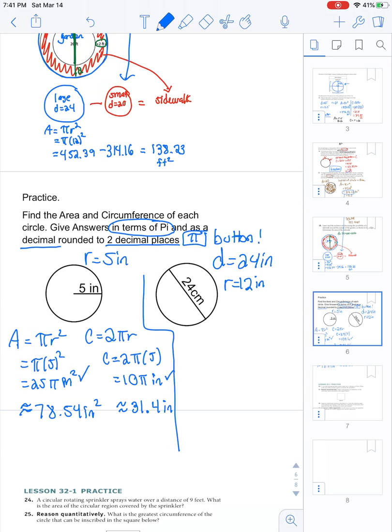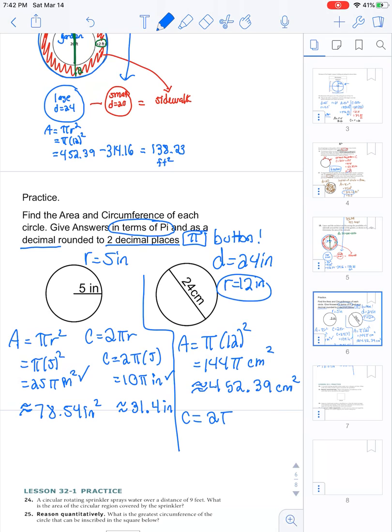In the second diagram, make sure you're using radius when you're finding your area especially. So pi times radius squared is 144 pi. That's my exact answer. If I multiply by my pi button, I get about 452.39 centimeters squared as an approximate answer.